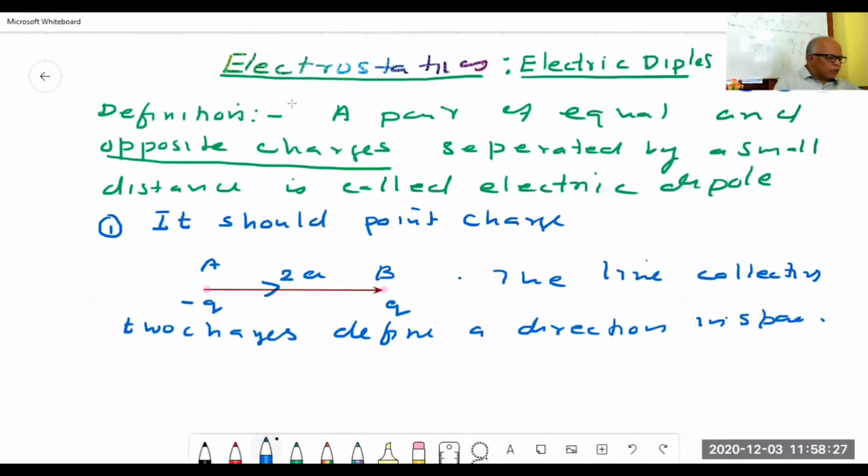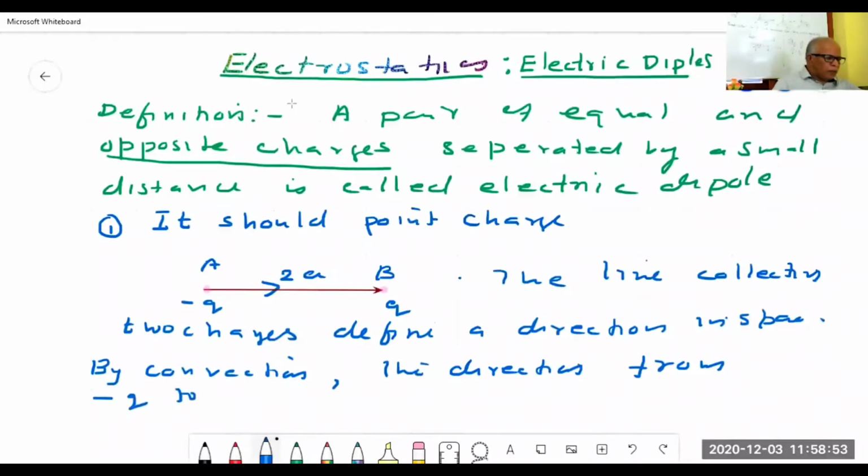Therefore, by convention, the direction of the dipole moment, the direction from minus q to plus q, is taken as the direction of the dipole.